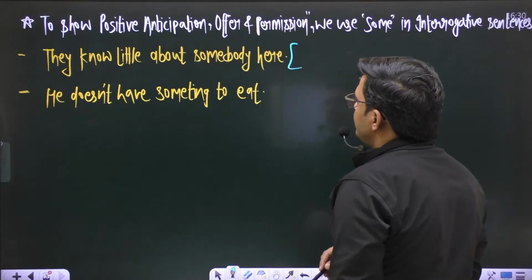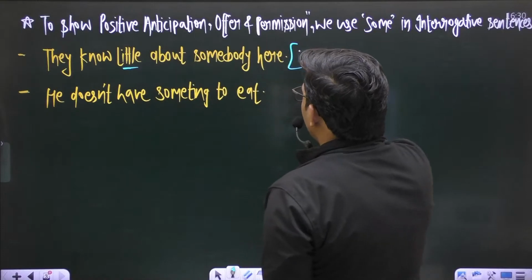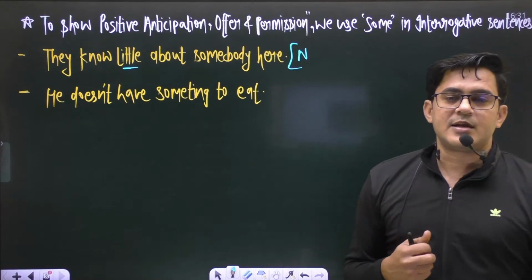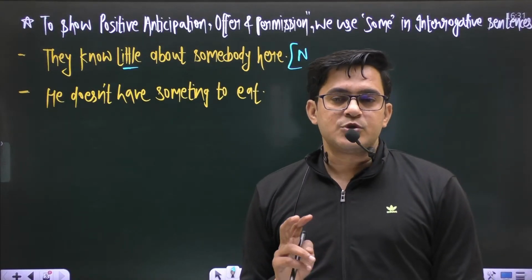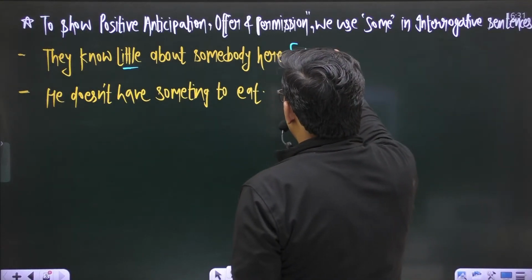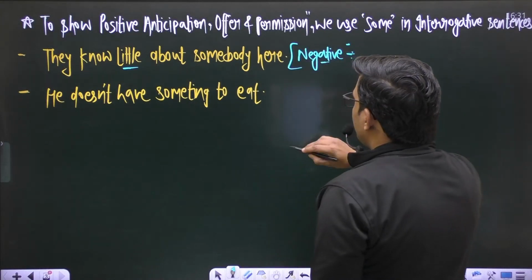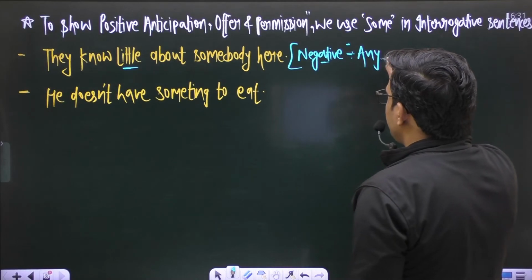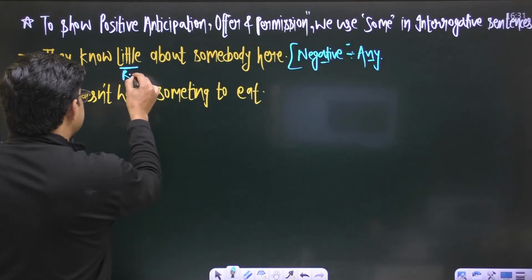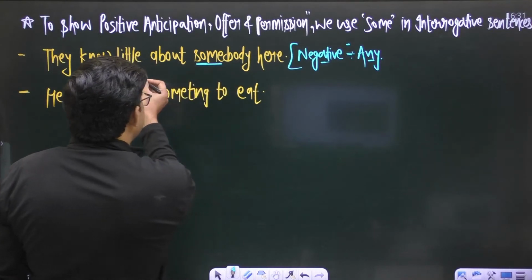In the first sentence, you have the word little, and we know this word very well. We have discussed little and few, and both words are used to show the sense of no. So this word is negative, and in negative sense we use any. Because of this, in place of somebody, we don't use some in negative sentences.